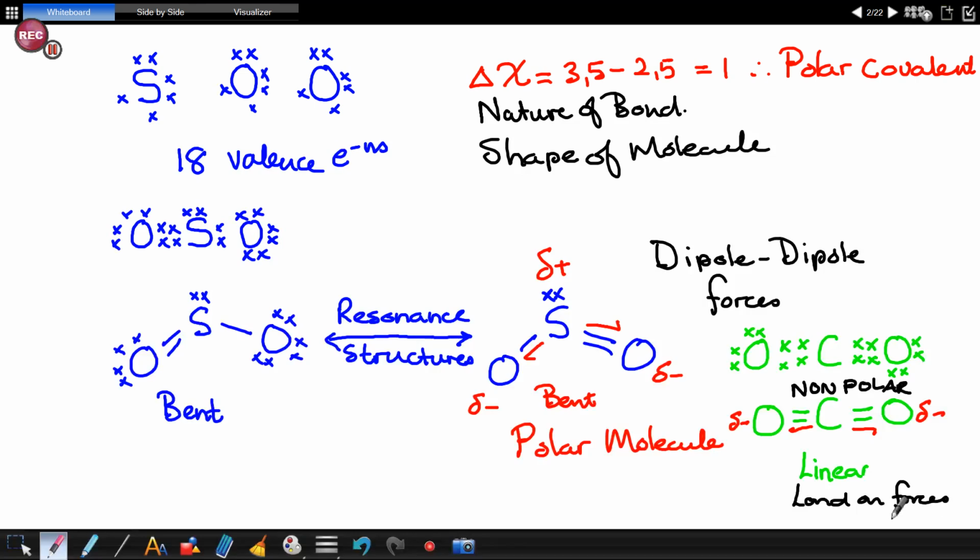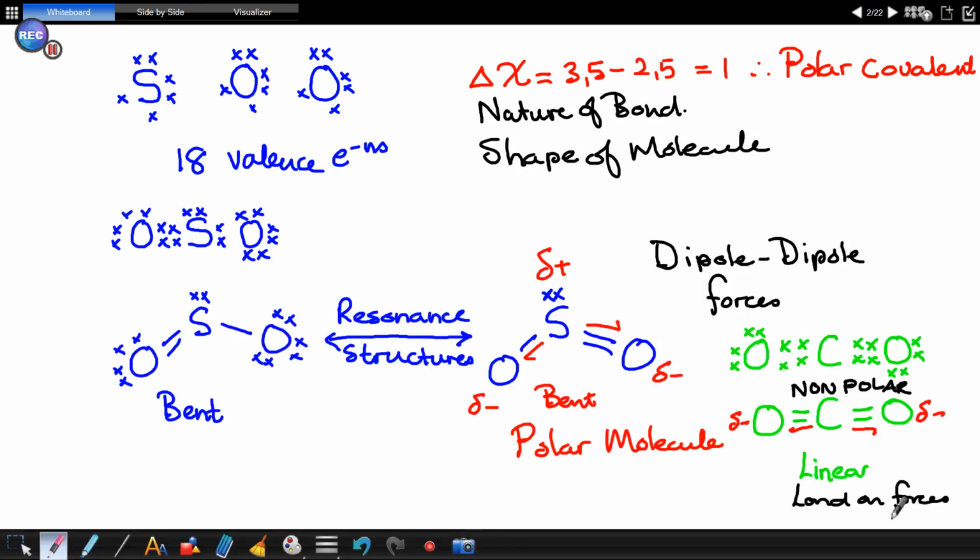Which substance will have the higher boiling point? They're both gases at room temperature. Which one will turn into a gas first? No, sulfur dioxide. No. It's carbon dioxide, because carbon dioxide will have the lower boiling point.